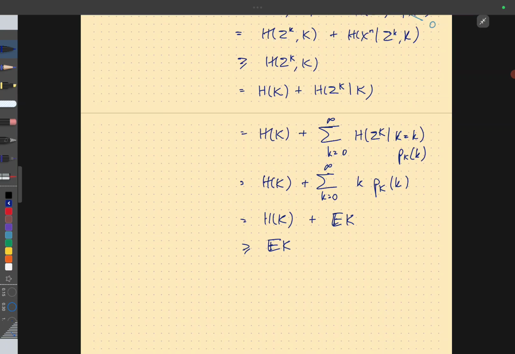So the expectation of k is less than or equal to n times the binary entropy of p. So on average, the number of Bernoulli half bits that you can generate is essentially equal to the total randomness in the source, which is n times the binary entropy of p.